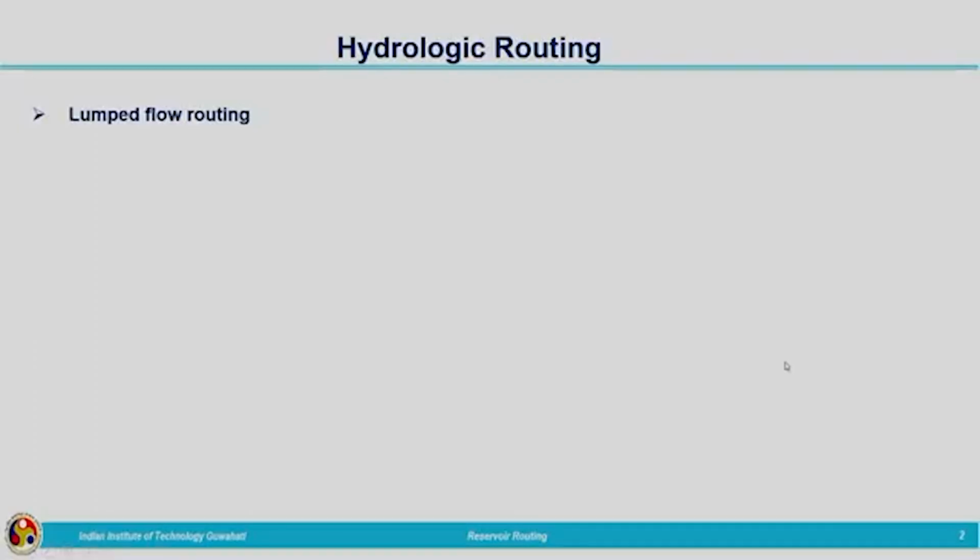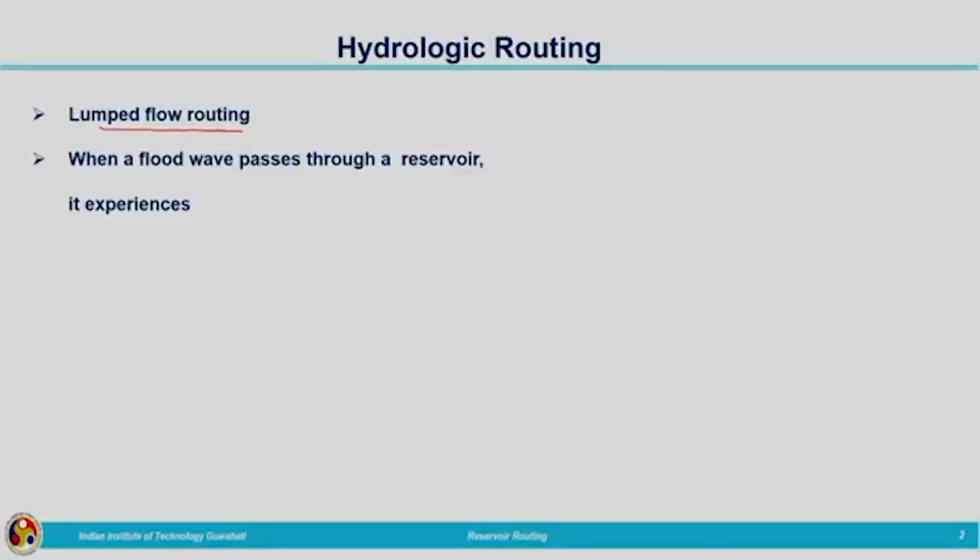Hydrologic routing is a kind of lumped flow routing. By making use of the known upstream data related to discharge, or the stream hydrograph, we will find the flow hydrograph at a downstream location in the case of a reservoir and also a channel. So, we are going to find the variation with respect to time at a particular location.